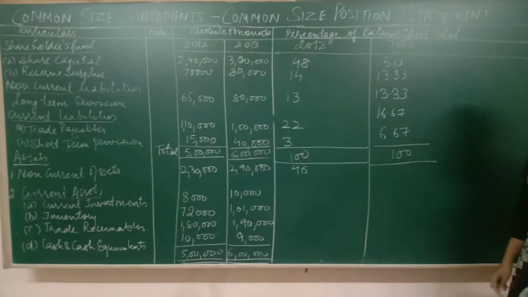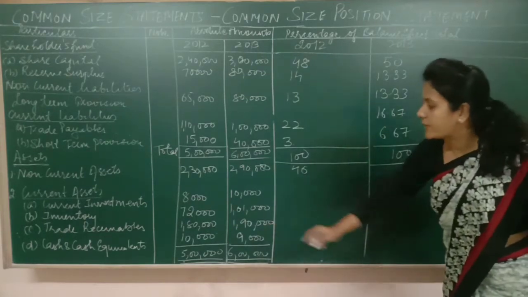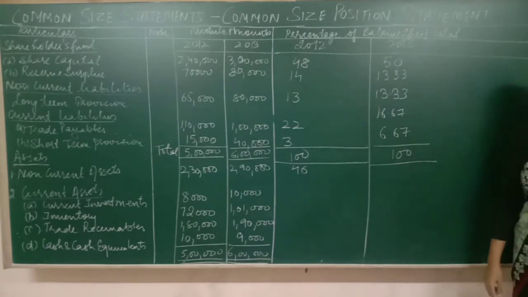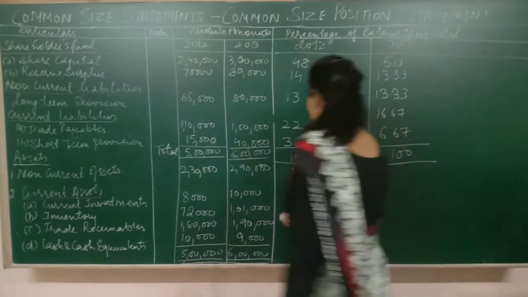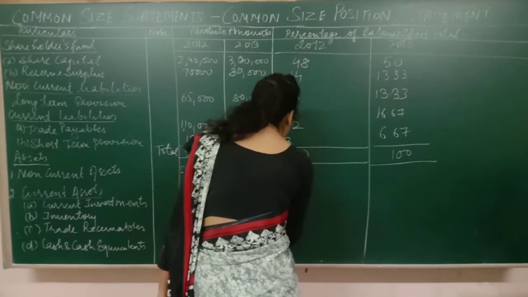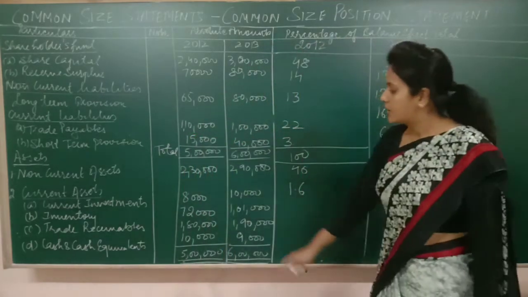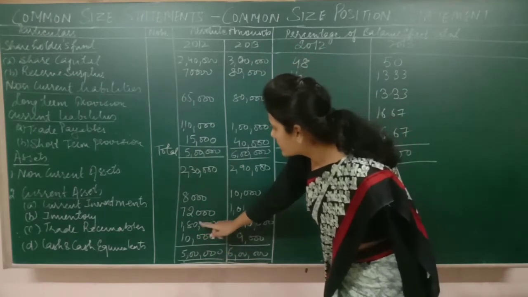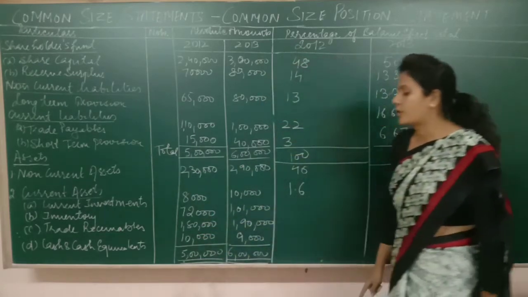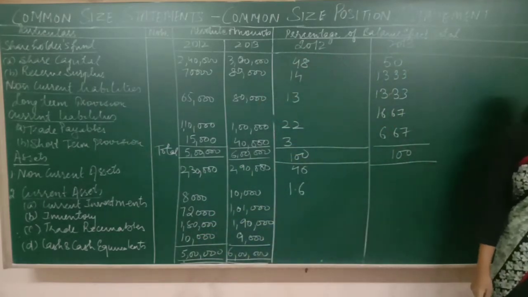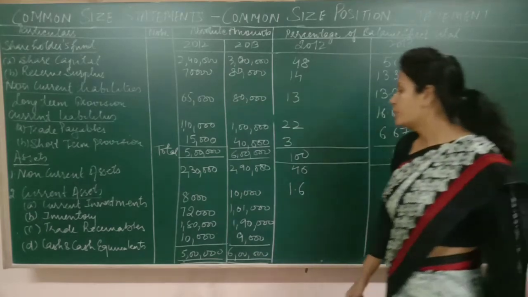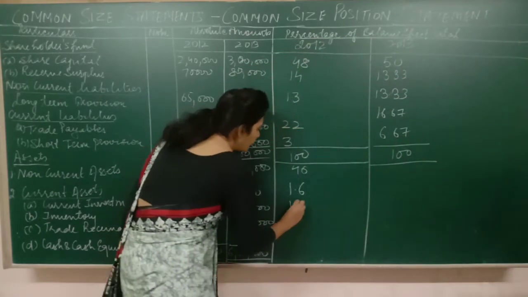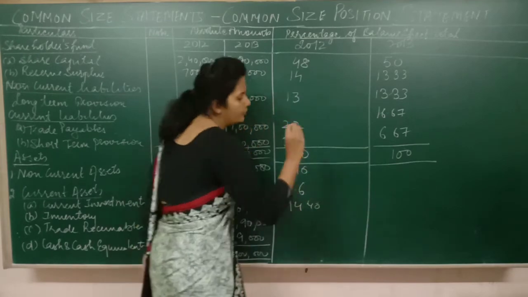Next is current investments. That is 8,000 upon 5 lakh into 100. If I solve it, it would be equal to 1.6%. Next is inventories, that is 72,000. So 72,000 upon 5 lakh into 100, which would be equal to 14.40%.